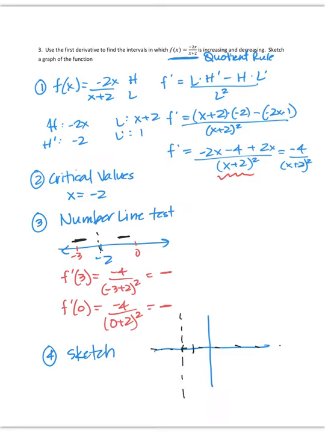And it's telling us that the function left of the negative 2 is decreasing and right of the negative 2 is decreasing. So going that way would be decreasing, and going down that way would be decreasing. So again, we're just kind of looking at the information we have to turn around and sketch the function.